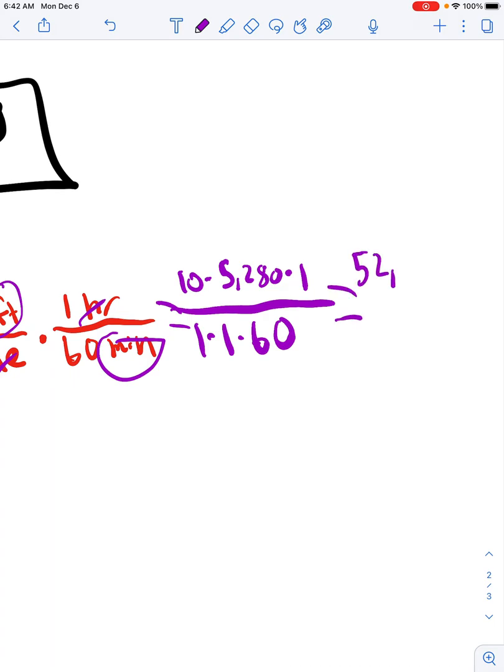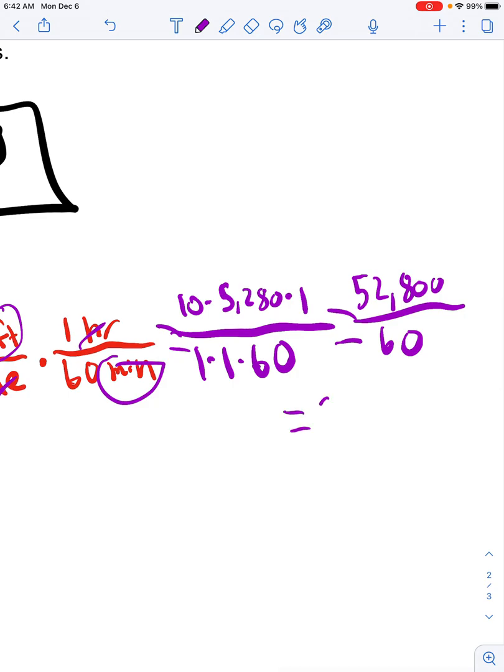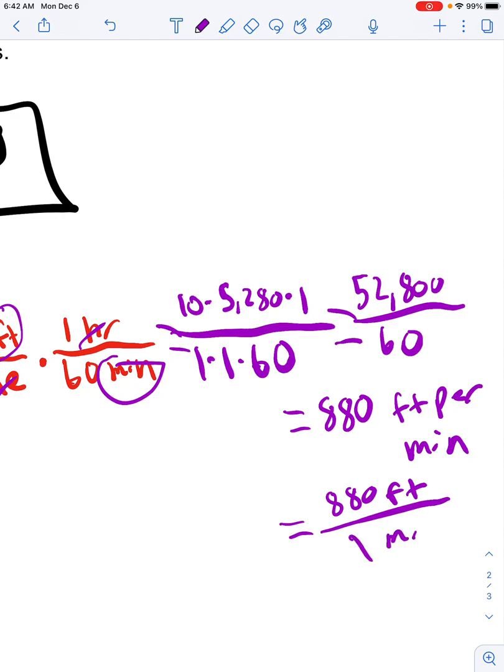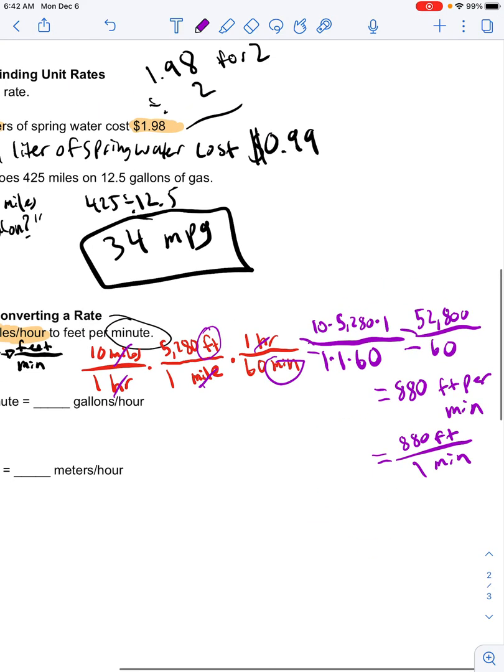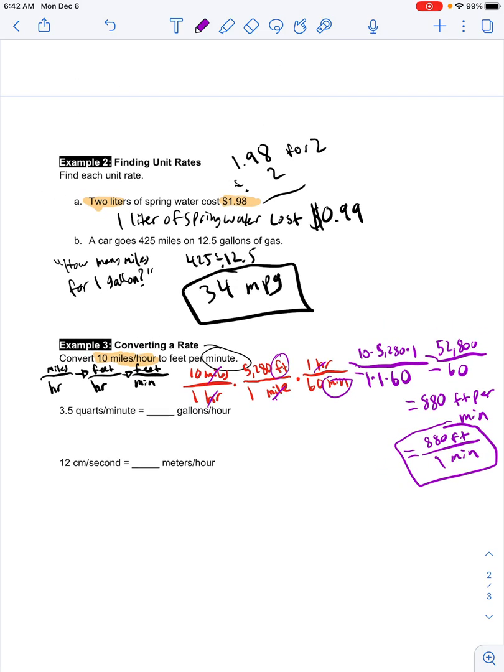Please use a calculator. 52,800 divided by 60. And I got 880. And again, this would be feet per minute. You could also write it like this. So that's our first answer.